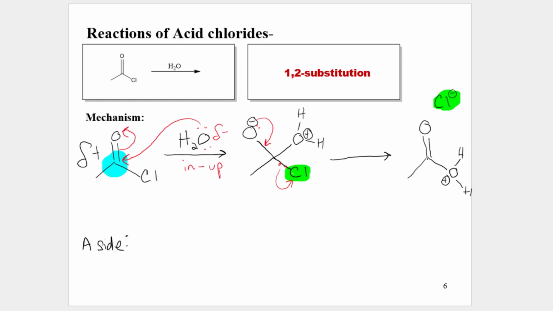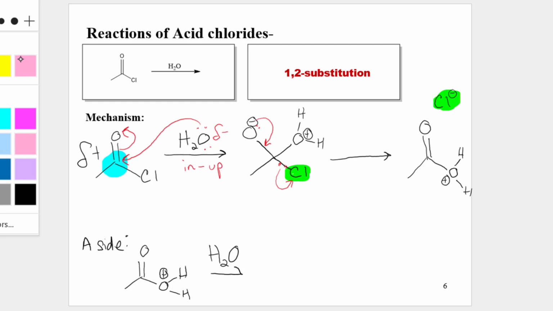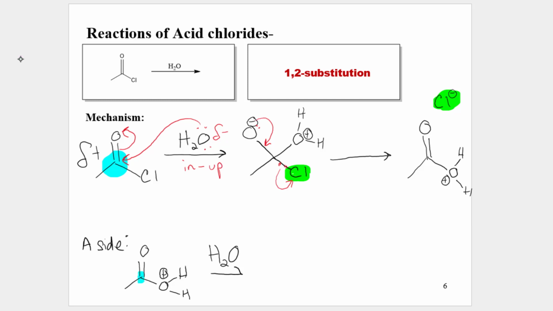If water attacked the carbonyl at this point, what would we get? You could argue, well, the carbonyl is partially positive. It's less positive than the acid chloride was. And we have a weak nucleophile. But just for argument's sake, let's push the electrons in the in, up, down, out scenario that we just saw.